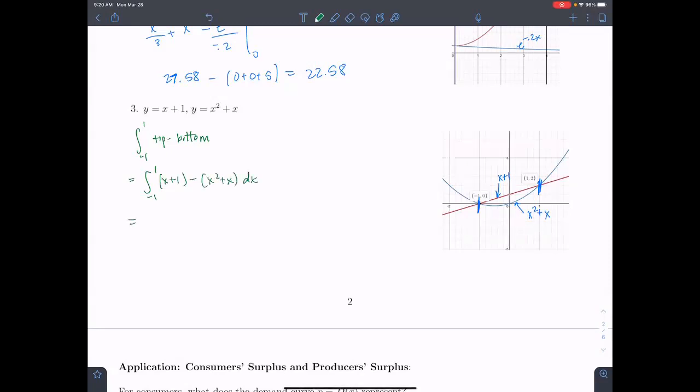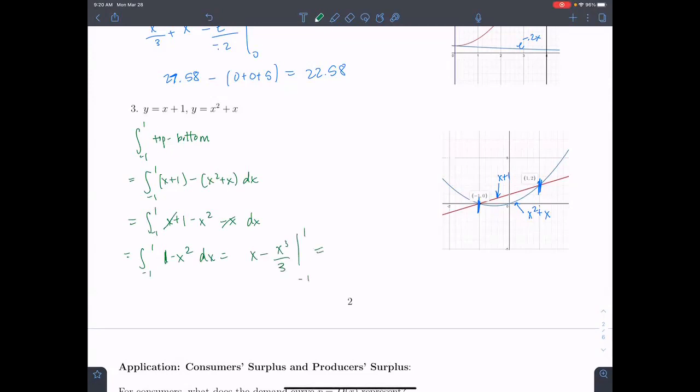So then I'm going to simplify that before I take the integral. So x plus 1 minus x squared minus x, so those go away. So I have the integral from negative 1 to 1 of 1 minus x squared dx. So that's x minus x cubed over 3, evaluated from negative 1 to 1.